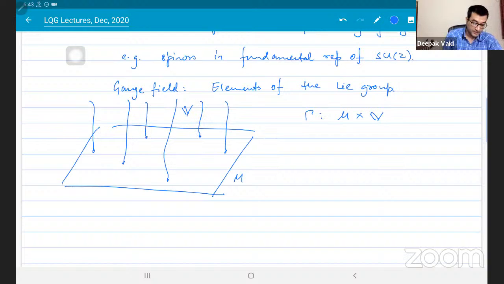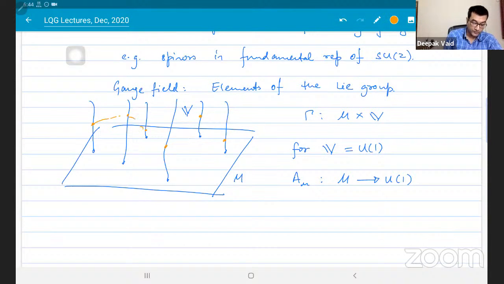Well, for the case of U1, for example, for V equal to U1, for an abelian gauge field, what is a gauge field in this case? Well, A mu assigns at each point of the manifold an element of U1. So that means at each point of my manifold, these are my fibers, on the associated fibers I have picked a particular point.